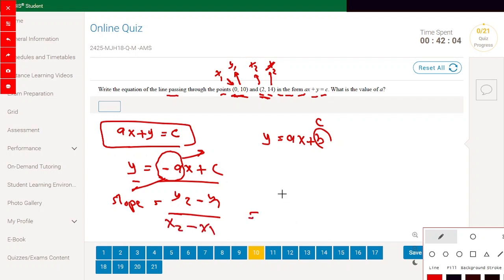So we have 14 minus 10 divided by 2 minus 0. So this one will be 4 divided by 2, equal to 2. This is a, right? But here I have minus a. So the slope here will be equal to minus 2.